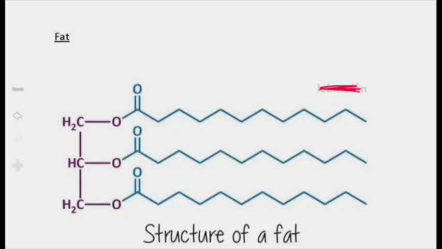Fats. A fat molecule looks like the drawing here. It's composed of two items. One is glycerol, the other is fatty acid. Together, the fatty acid and the glycerol combined form the fat structure. On this part here, that is the fatty acid.